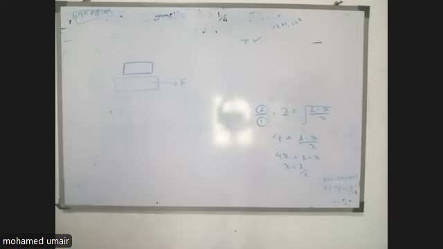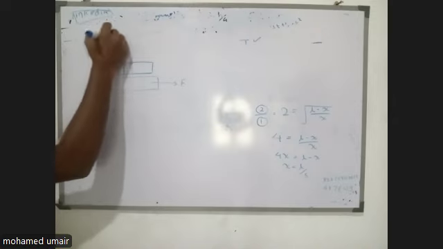So if you just read the question, two blocks of each mass M, so both have the same mass, kept one over the other. The floor is frictionless. The coefficients of static and dynamic friction are mu s and mu k.